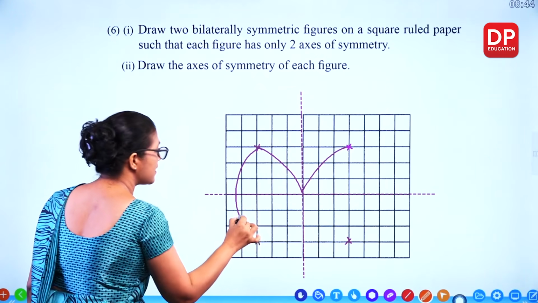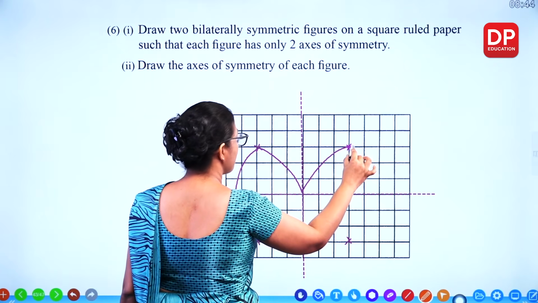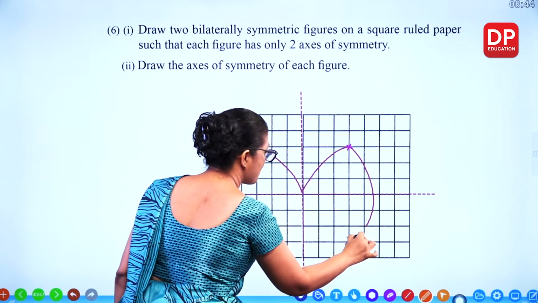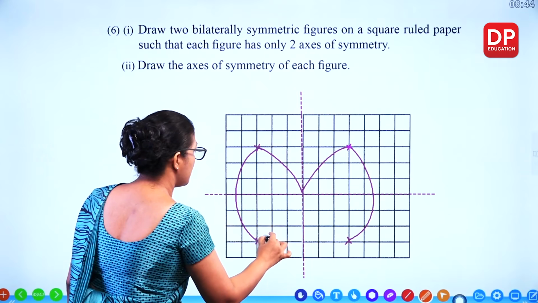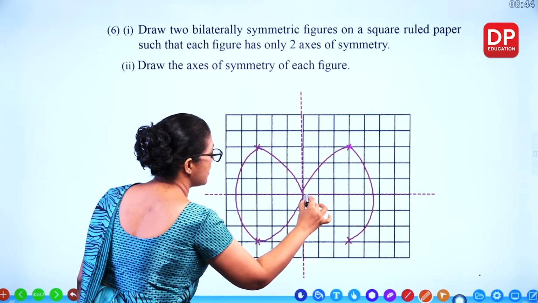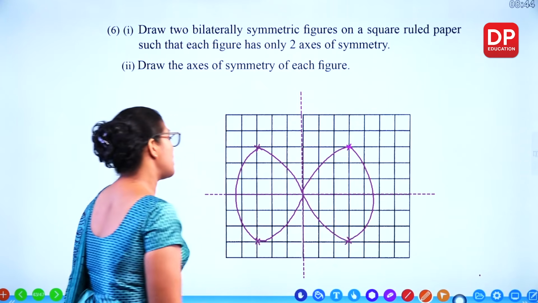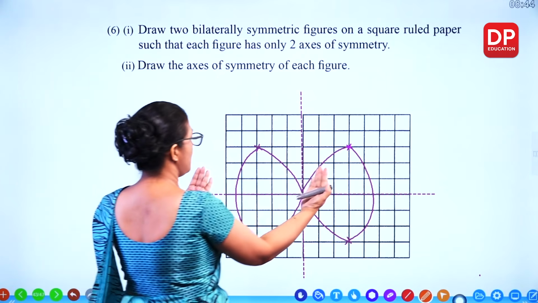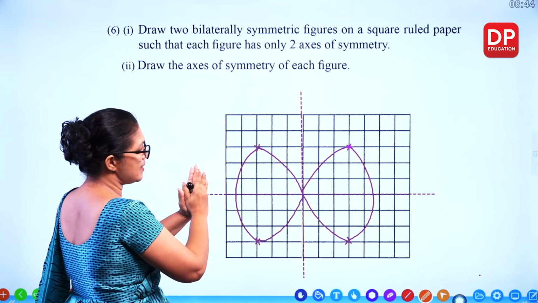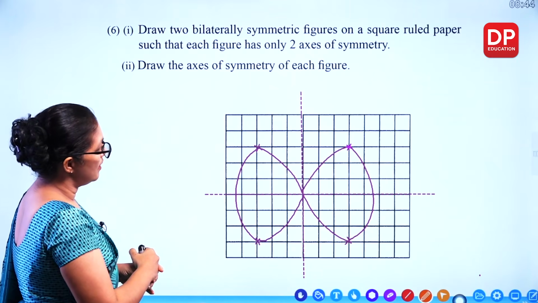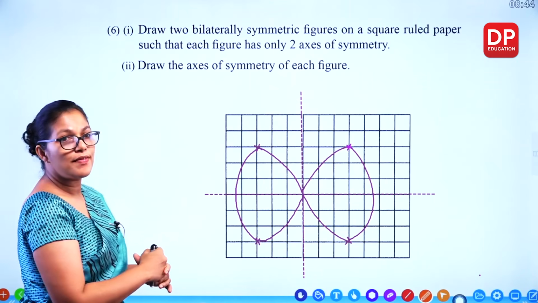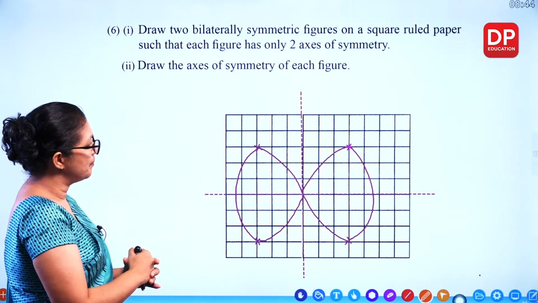So if I take this side like this, this side should be the same, and I can connect these two sides. So you can fold it like this as well as fold it like that. So you get the same shape.